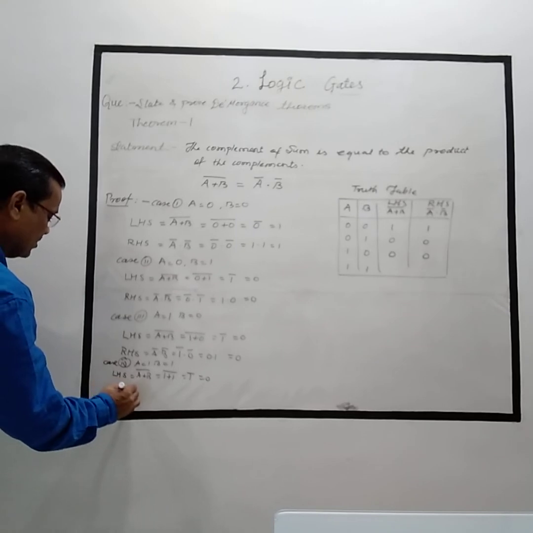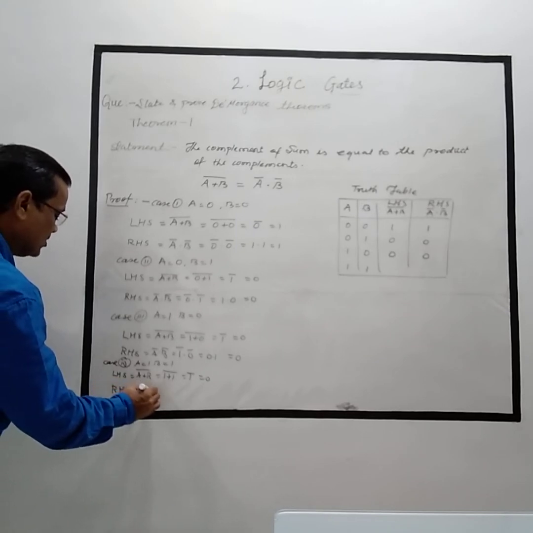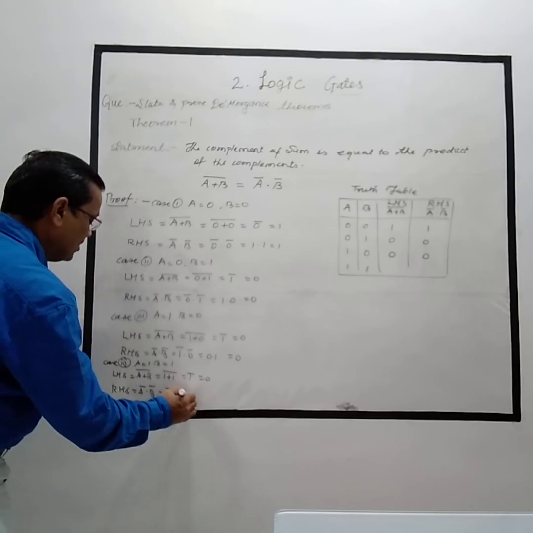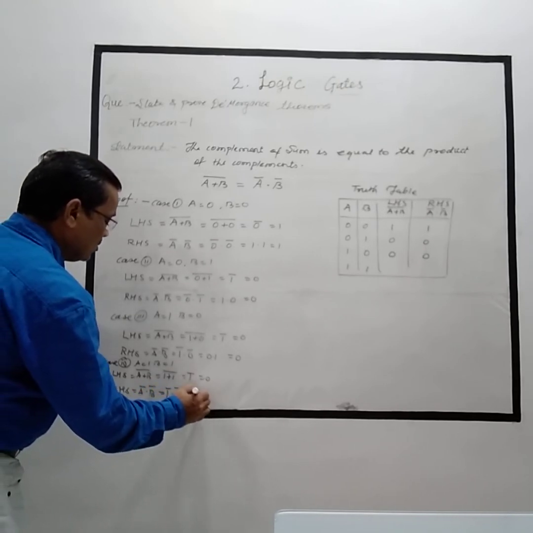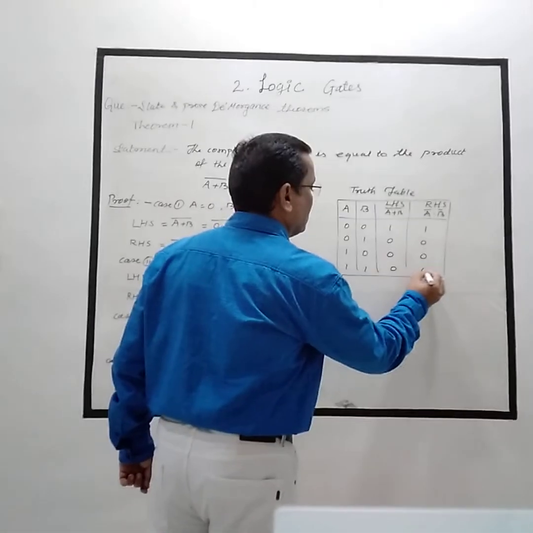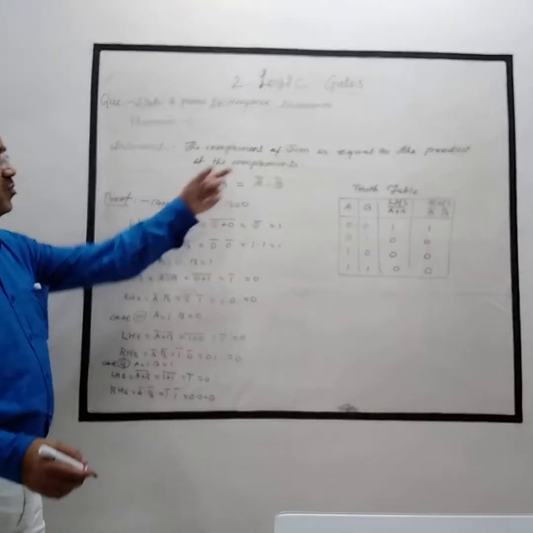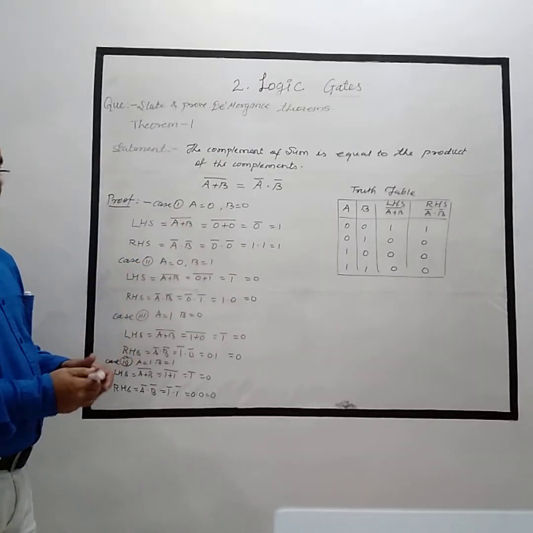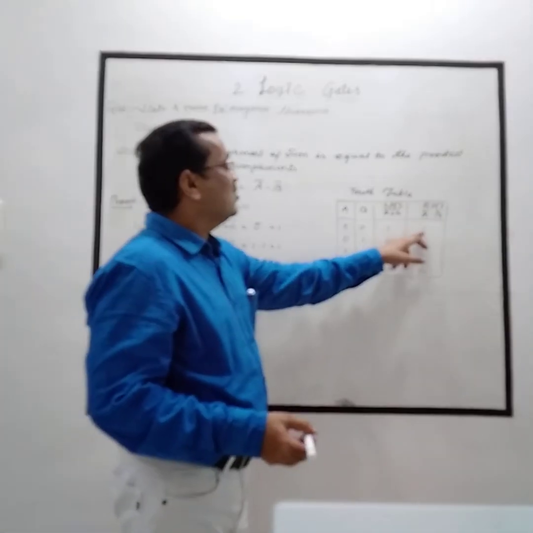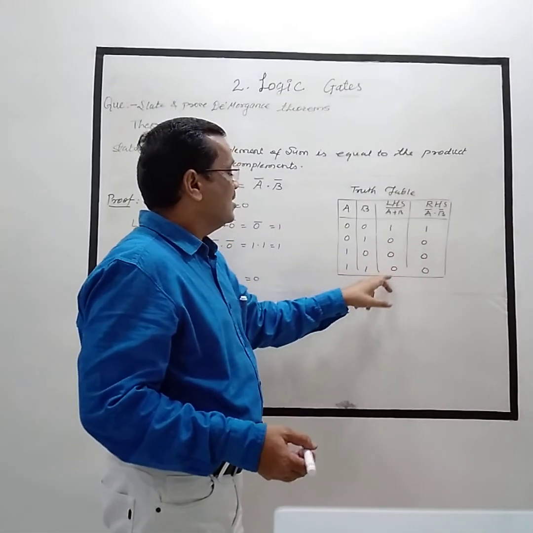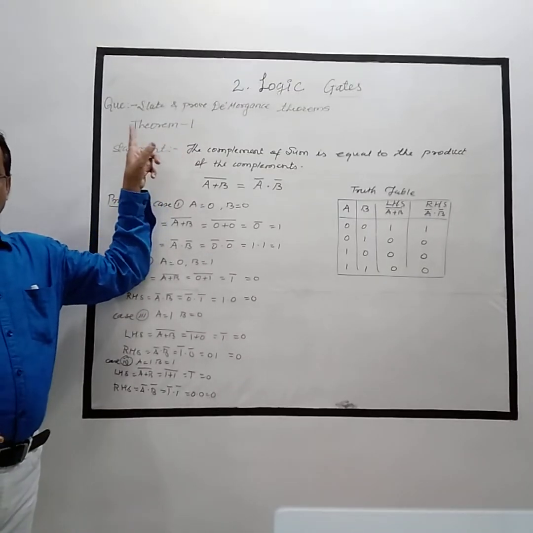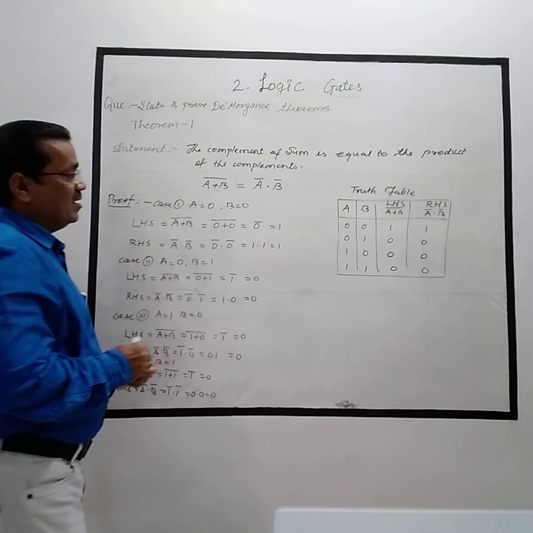RHS: A's complement dot B's complement, 1's complement dot 1's complement, 0 dot 0 is equal to 0. So here it is 0, 0. Now from this truth table, we can say that LHS is equal to RHS. Hence, De Morgan's first theorem is proved.